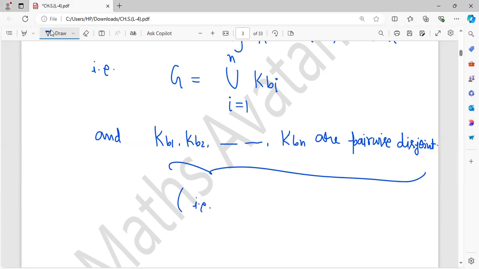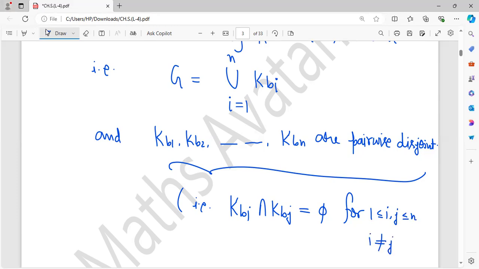What is the meaning of pairwise disjoint? It means that Kbi intersection Kbj is empty for i and j between 1 and n, with i not equal to j.